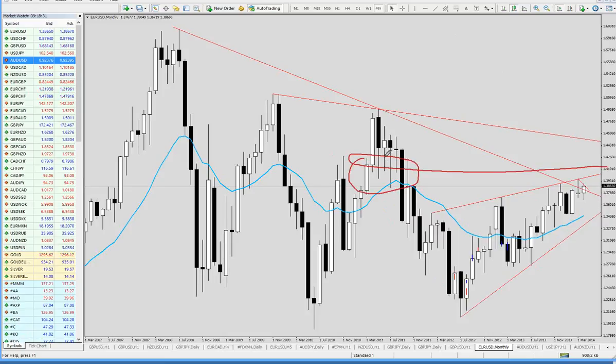So there was some strength here. We broke down. So I do expect the previous strength could work right now as a supply area on a monthly chart. Okay.